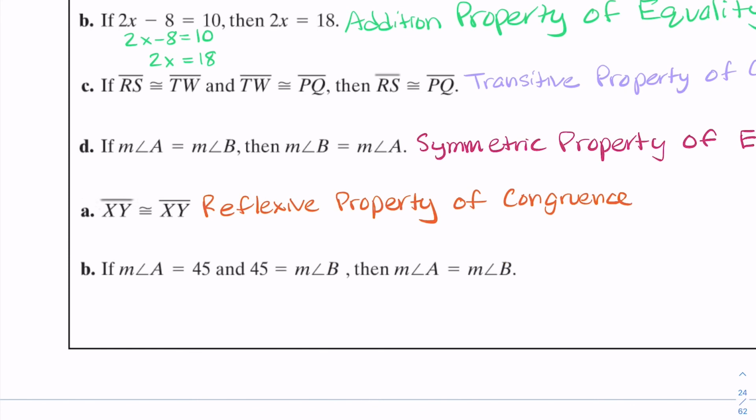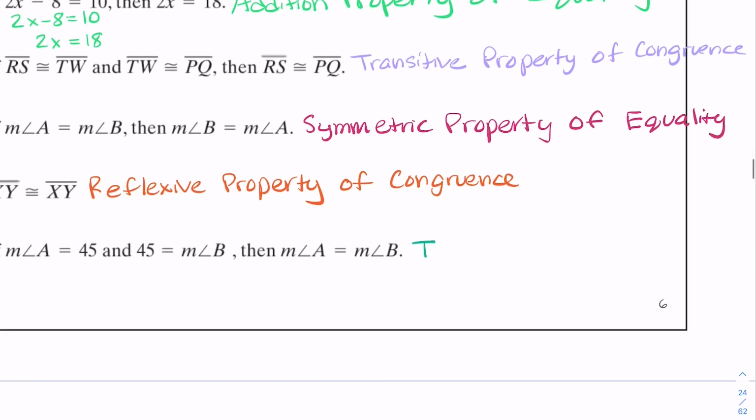Then in that case, first is connected to the third. So that will work. So the transitive property of equality.